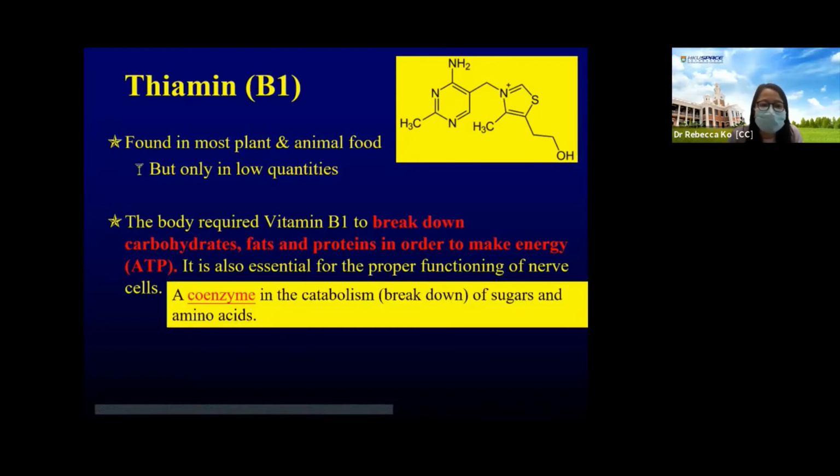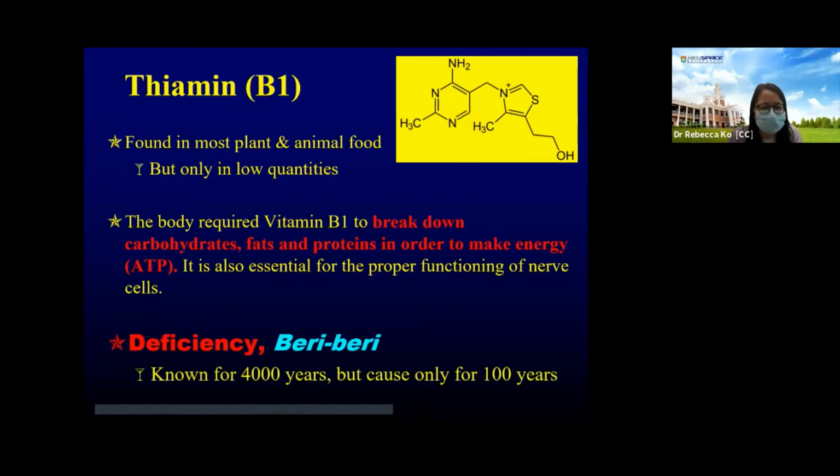B1 acts as a coenzyme of catabolism, that's the breaking down of sugars, amino acids, proteins, fats, as I just said. And if we have not enough intake of B1, that's the deficiency. What's the problem?